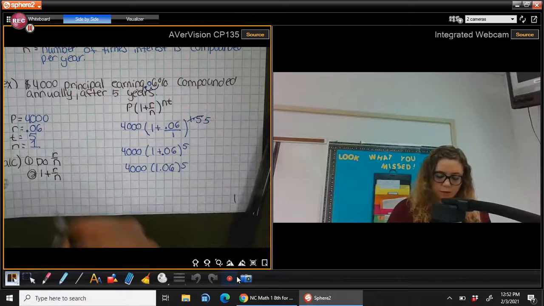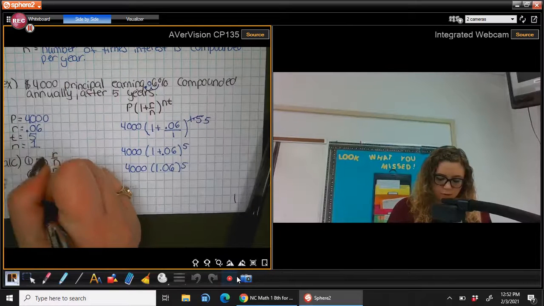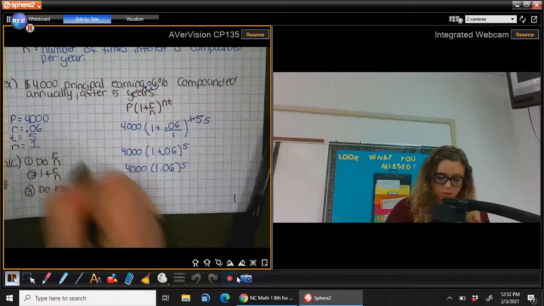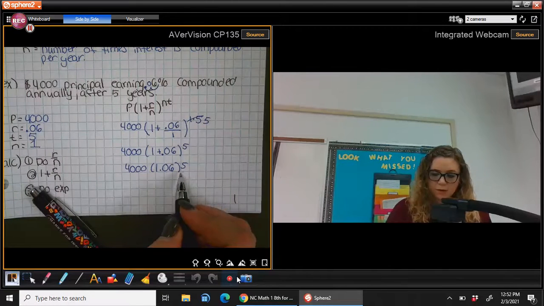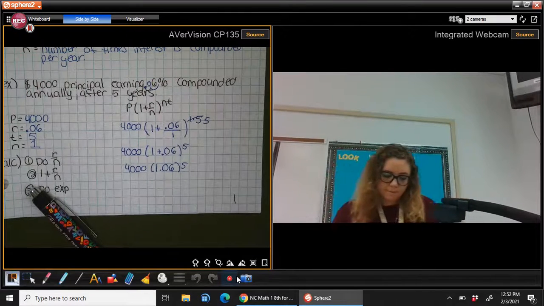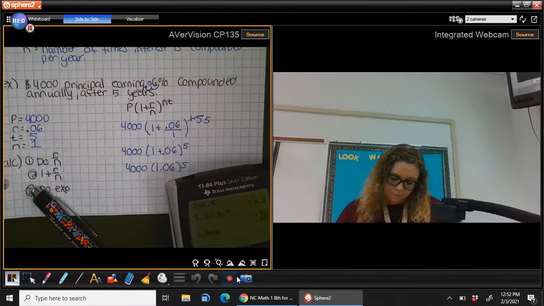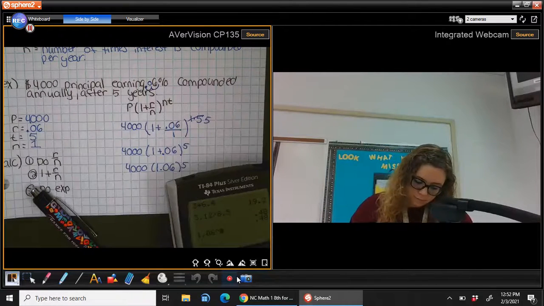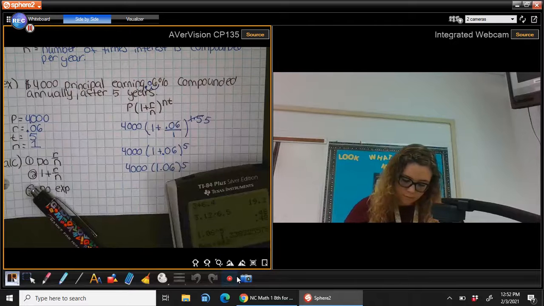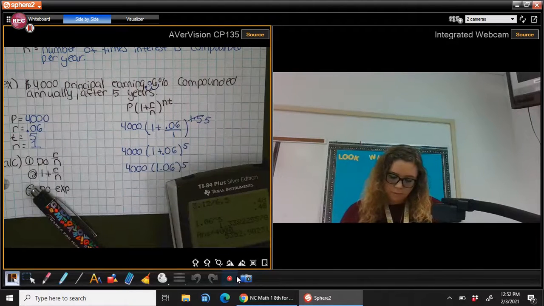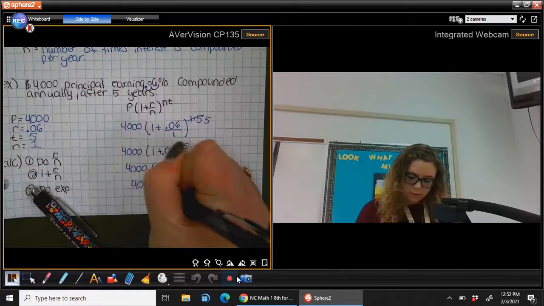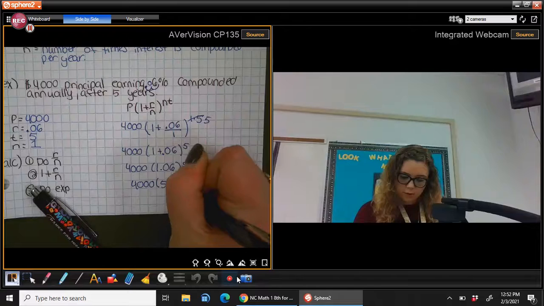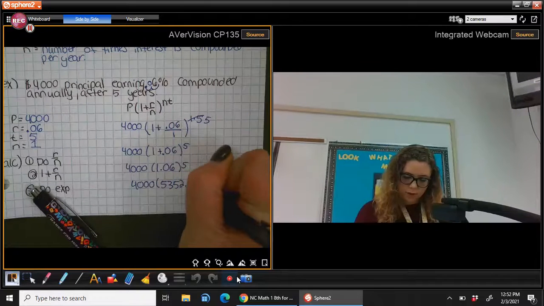Then you're going to do the exponent. 1.06 raised to the 5th power is going to give me 5,352.90.